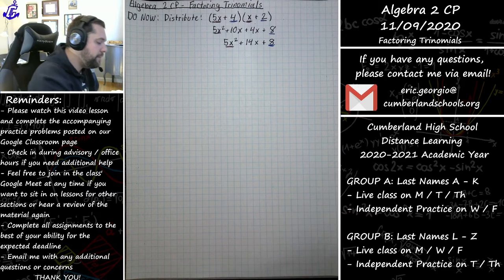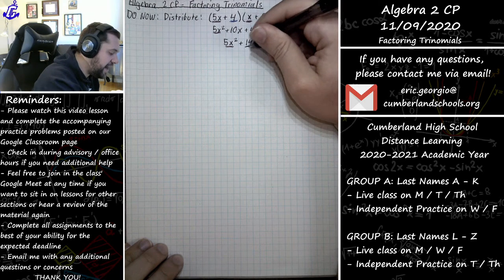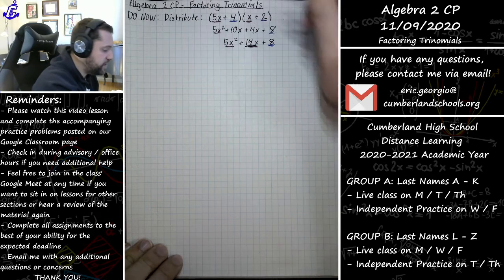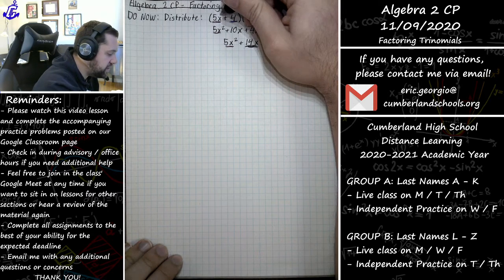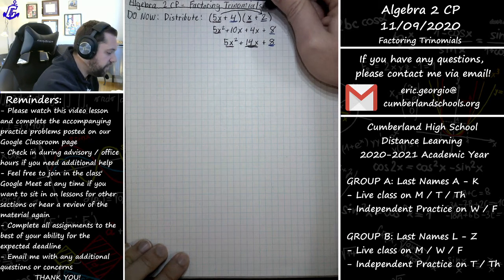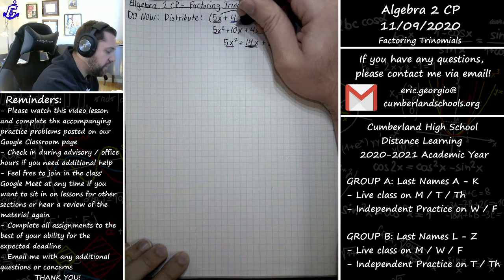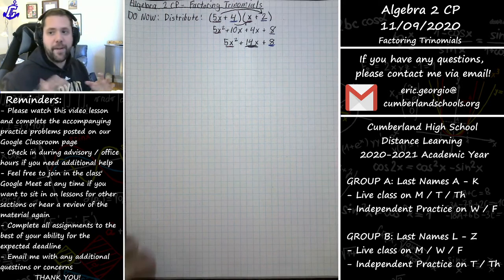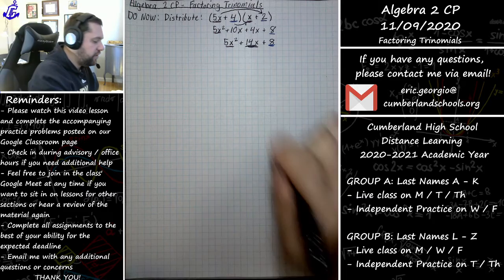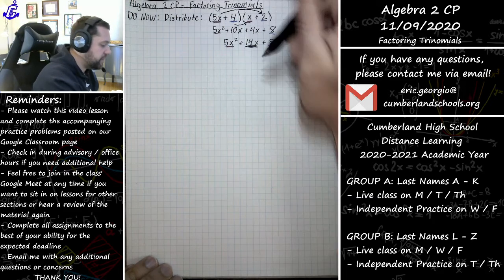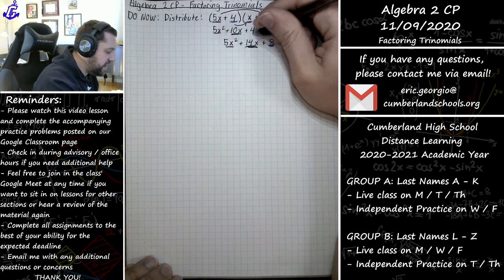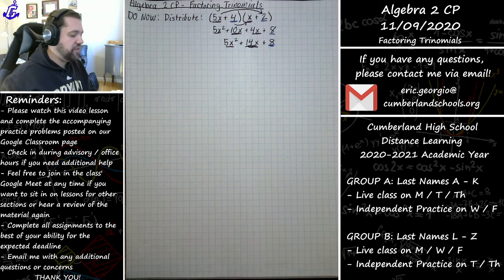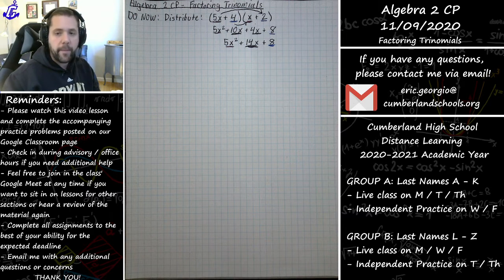And you see that this middle term of 14x really comes from these middle two multiplications. When you do the 5x times the 2 and the 4 times the x, and then combine those like terms together, you get 10x from the outer multiplication, 4x from the inner multiplication, and together those combine to give you 14x.